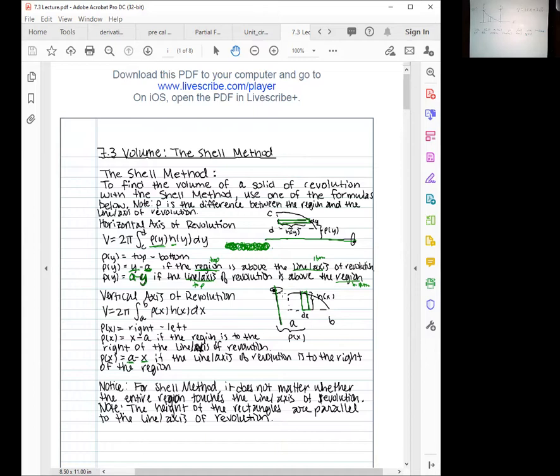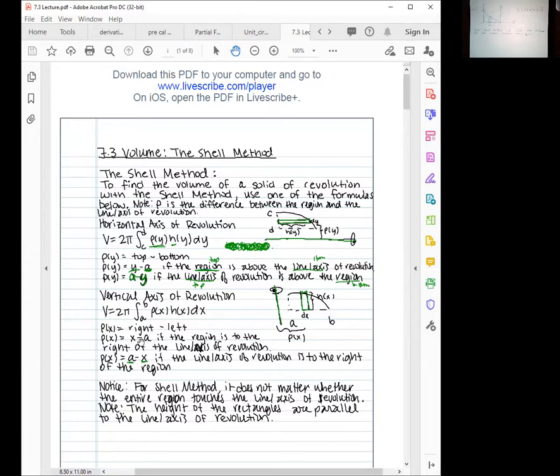So we're going to have dx. It's already solved for x, so great. So right minus left would be the rho.